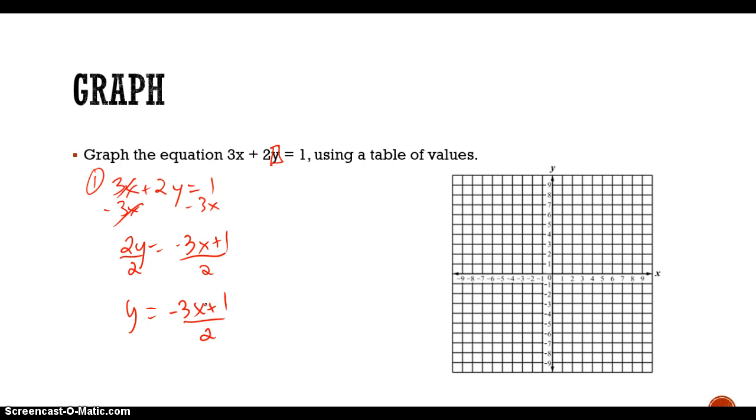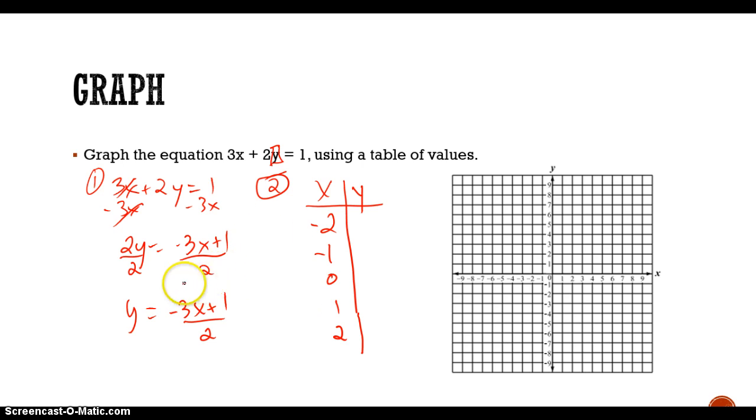Okay, now step 2 tells us to pick our values. So let's select x and y. And for this one, let's choose -2, -1, 0, 1, and 2. Let's use the same values. So now we're going to plug those in.